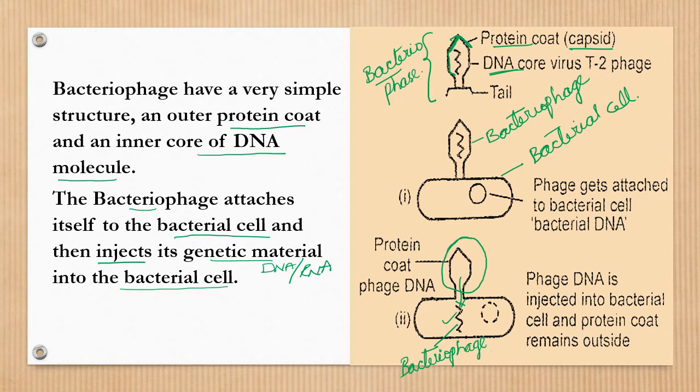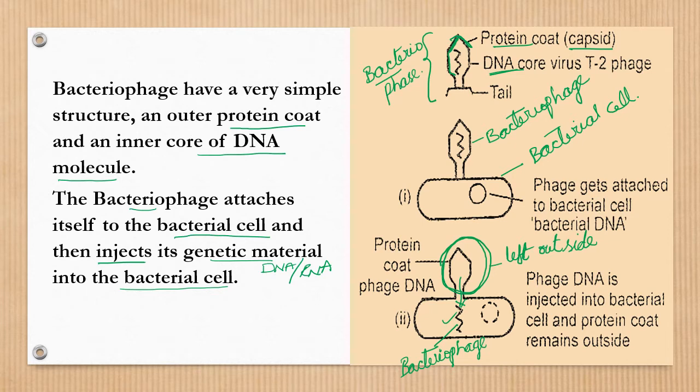Remember this point clearly, then only you can understand the Hershey and Chase experiment. The protein coat is left outside; only the genetic material is injected into the bacterial cell.